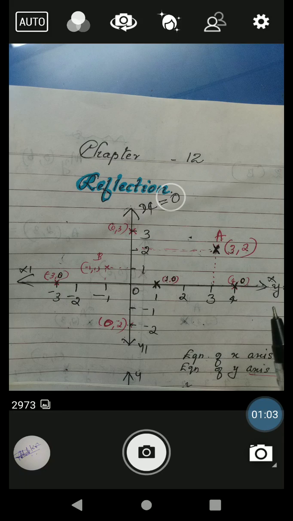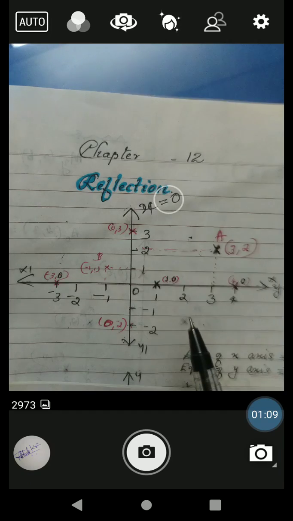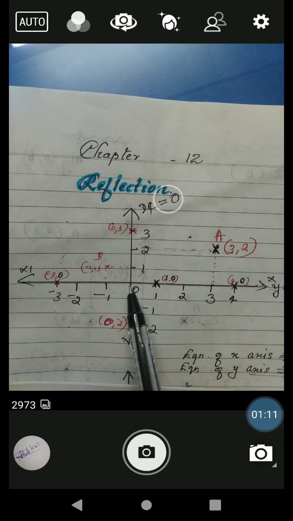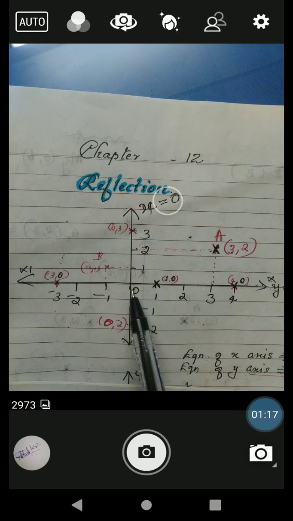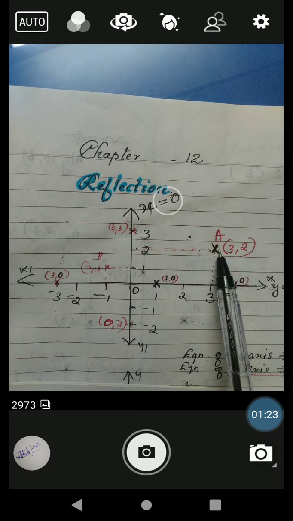These two are mutually perpendicular number lines intersecting each other at their zeros. They are called coordinate axes, right? And the position of a point in a plane is expressed by a pair of two numbers, called coordinates.